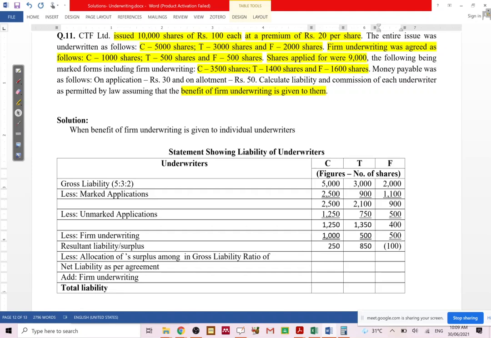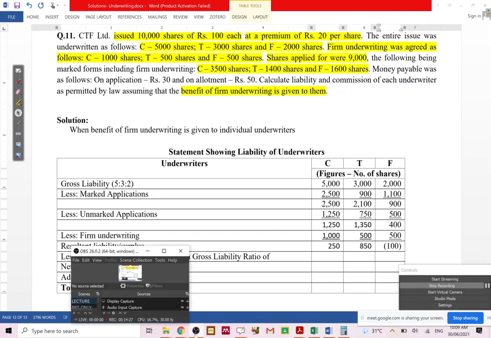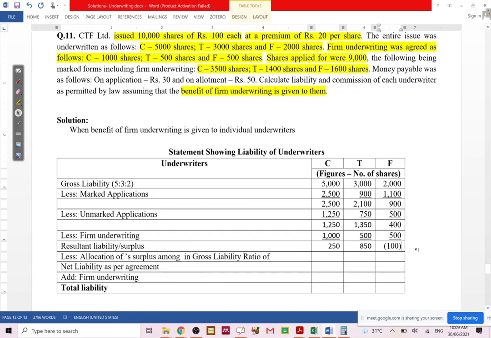Alright, now since one person has a surplus, the moment it is negative, that means somebody has a surplus. So in this case, you have to redistribute the surplus of that one underwriter to the other two underwriters. So who has a surplus? F has a surplus.